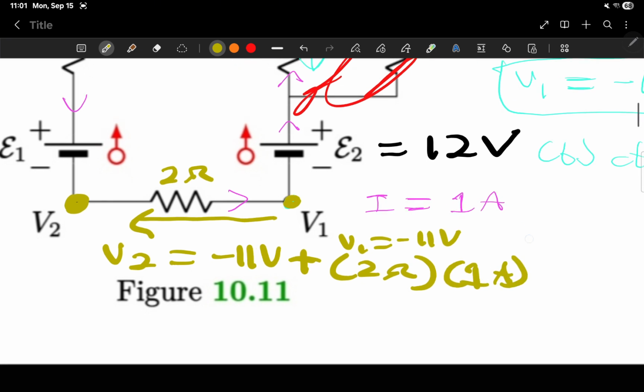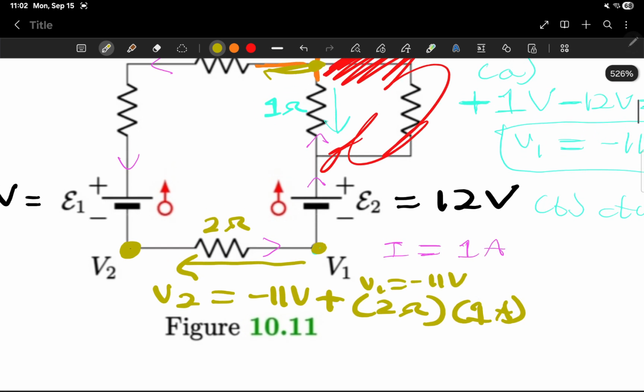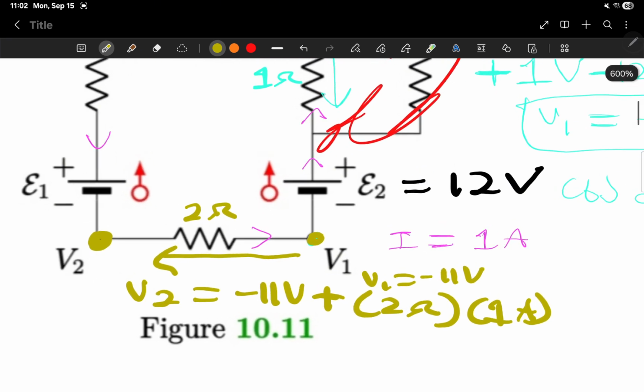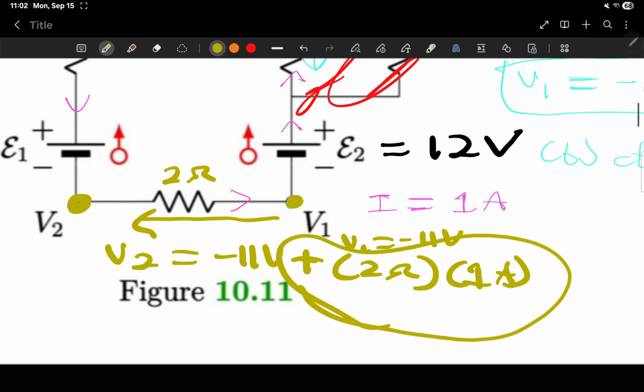Again, this is Ohm's law: voltage is equal to IR. Resistors are supposed to cause a drop in voltage, but that's if we go with the current. In this case we're going in the opposite direction to the current, and that's why the resistor causes an increase in voltage.